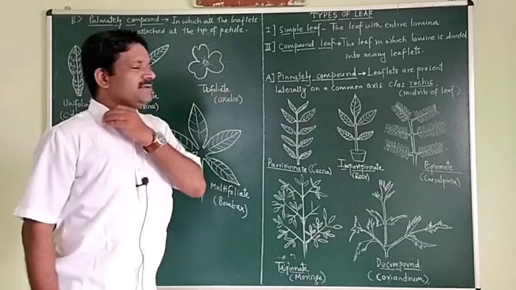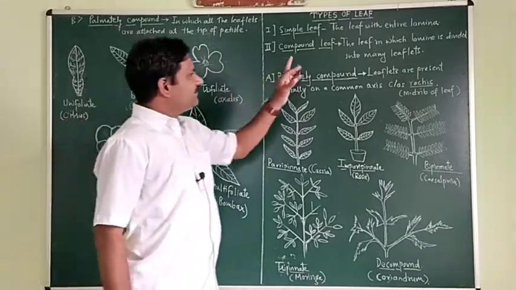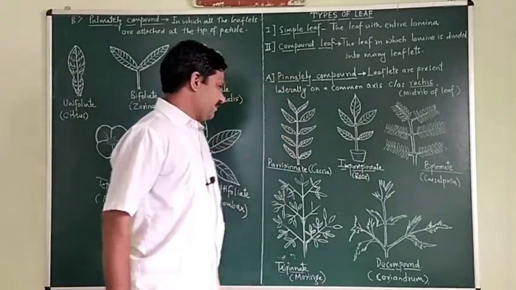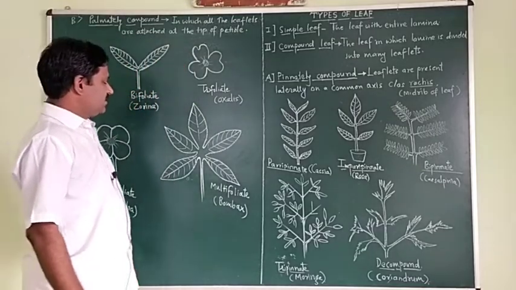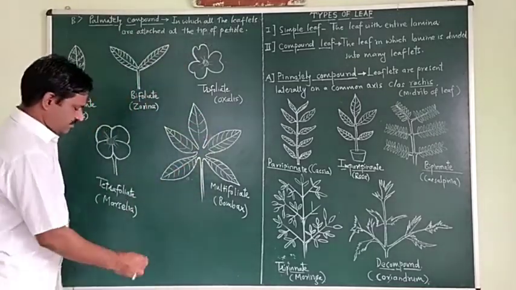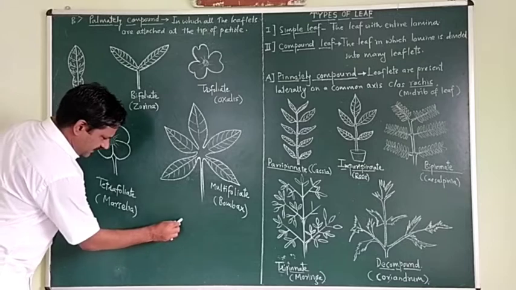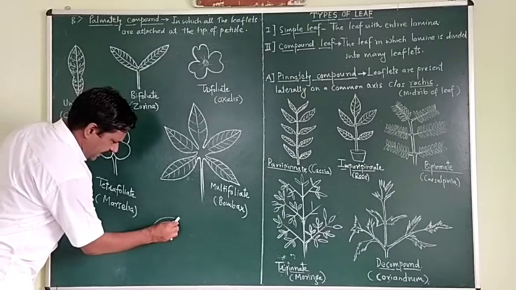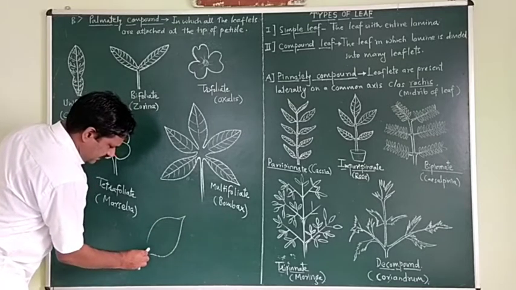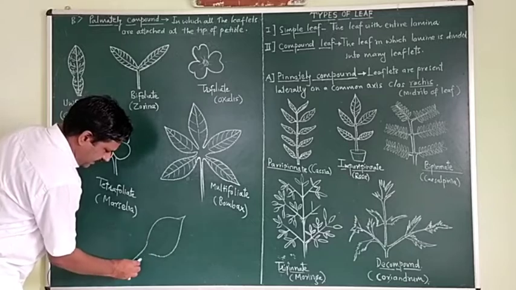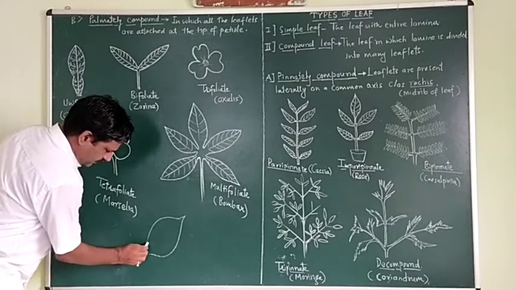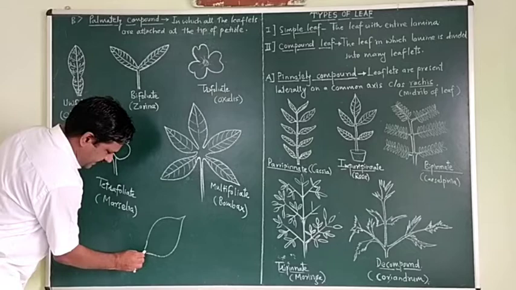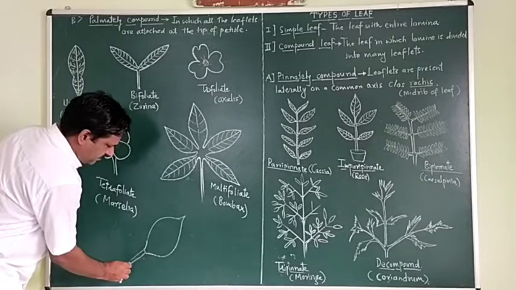What is meant by simple leaf? If the leaf has an entire lamina, that is the whole blade of the leaf, it is called a simple leaf.